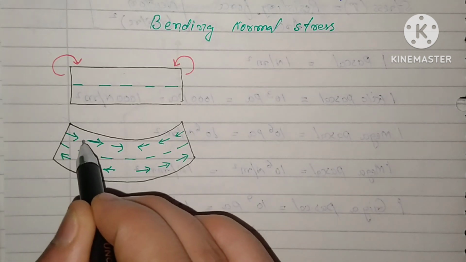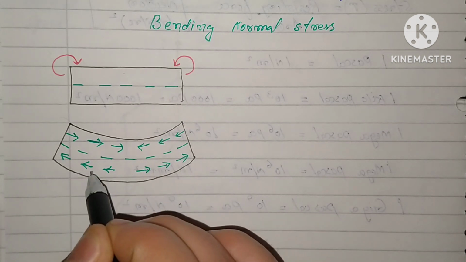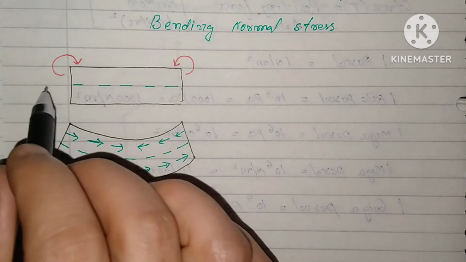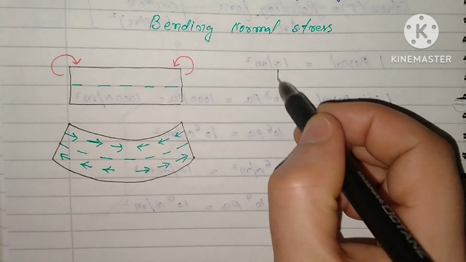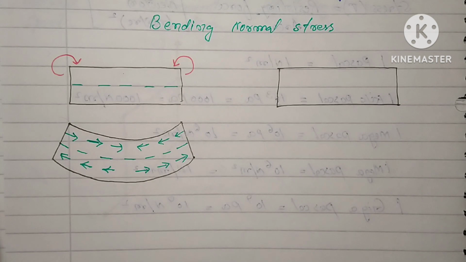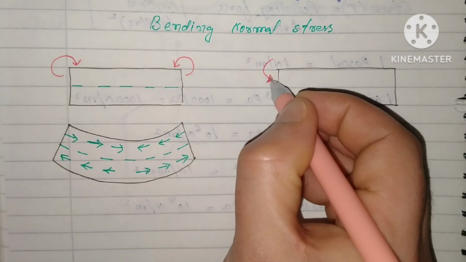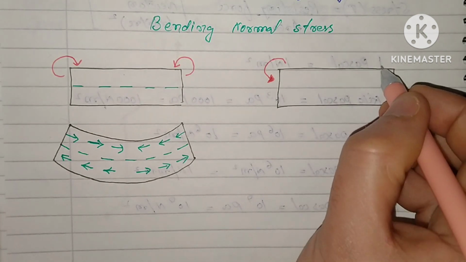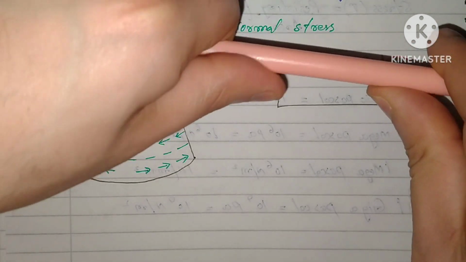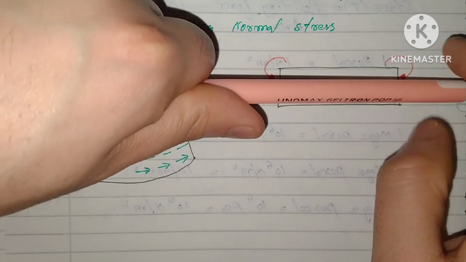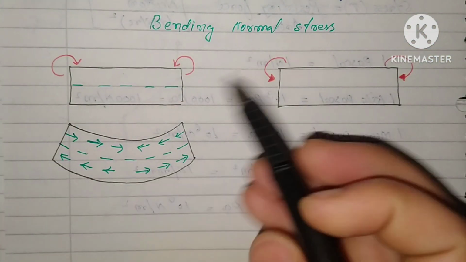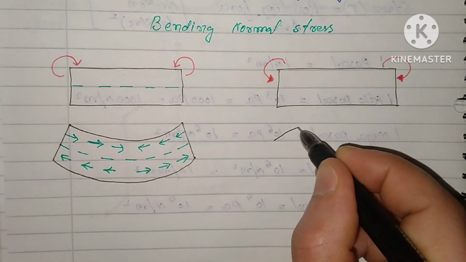Here it contracts, and here it expands, so it is subject to compression and tension. And if we reverse the loads, that is, if the beam is subject to load like this, the moment will be clockwise here, and it will deform like this.